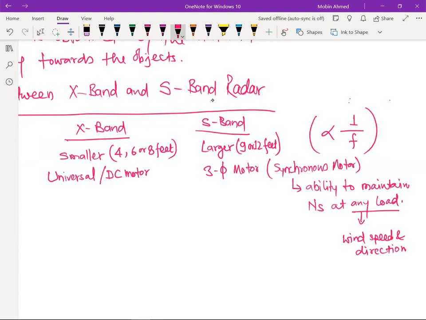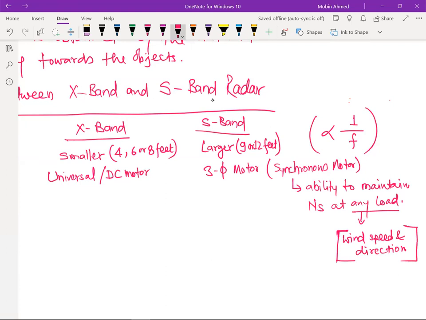Due to this, load variation will be there. If it is a 12-feet antenna and the wind speed is much higher, it is not going to maintain the same speed. That is the reason a synchronous motor is fitted.